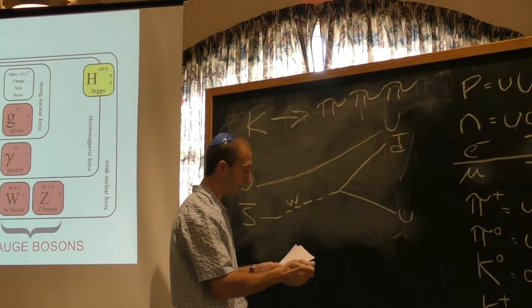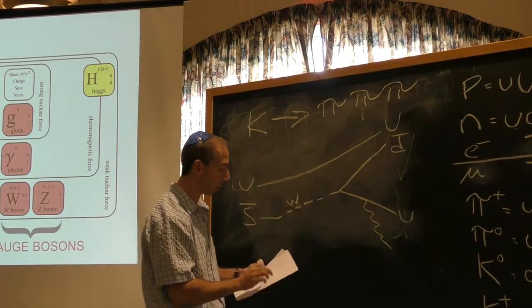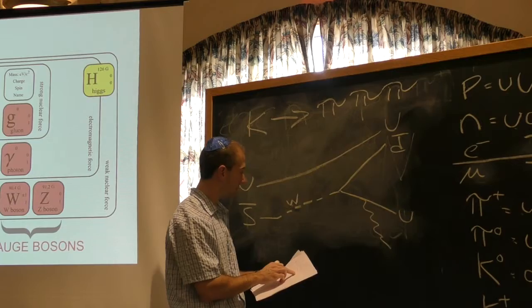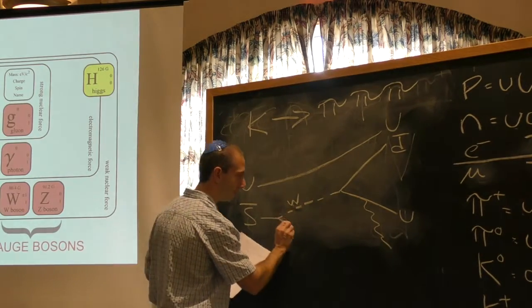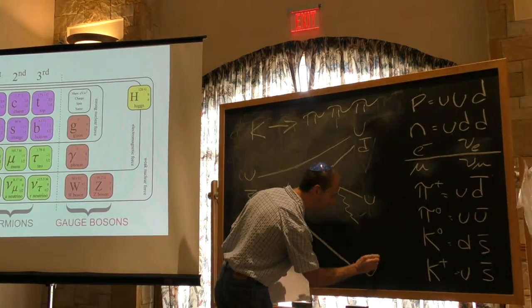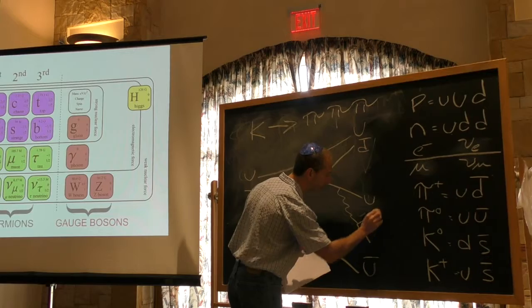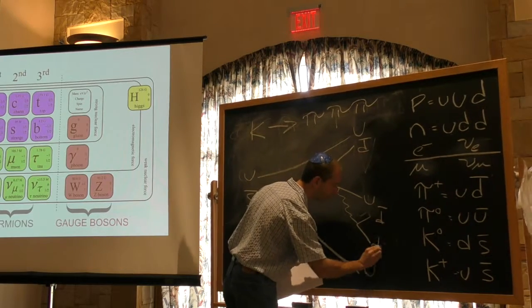In the meantime, because I have a lot of energy here, the K is much heavier, when the W comes off, I have a U bar, and then I have the D bar D pair that comes out of my vacuum.